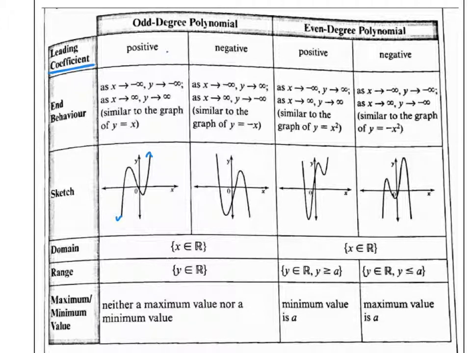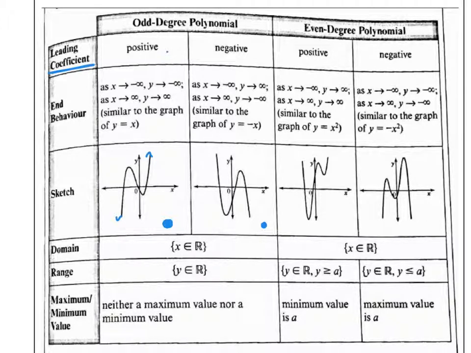So that's what it's telling you. It kind of tells you the shape. So all odd degree polynomials with a positive leading coefficient are going to look like this one. All of them that are odd degree with a negative leading coefficient are going to look like this. So they all have that kind of shape. They just differ in their maximums, minimums, and where they cross the axis.